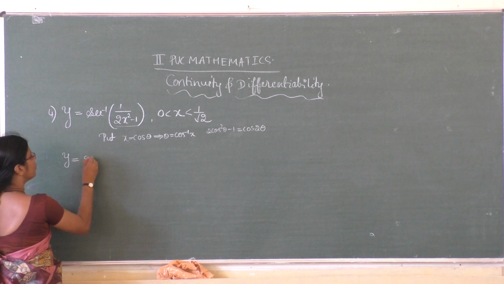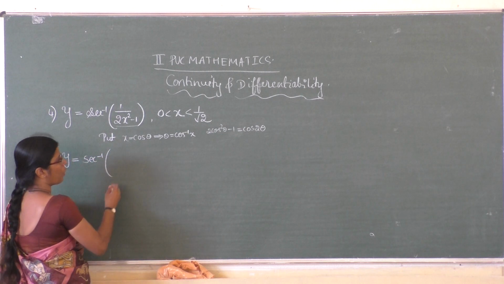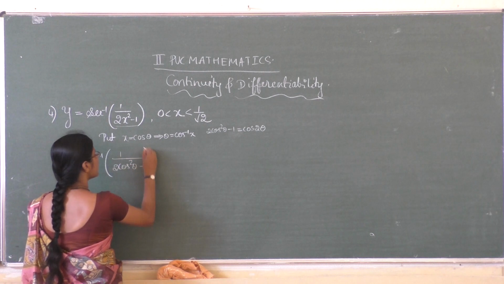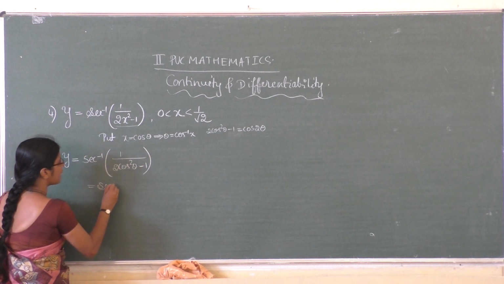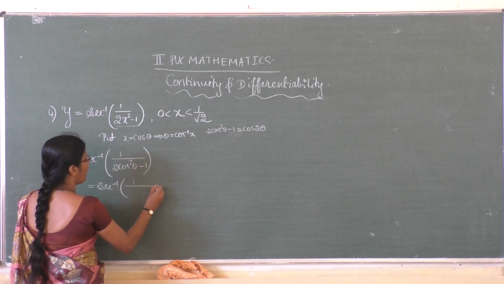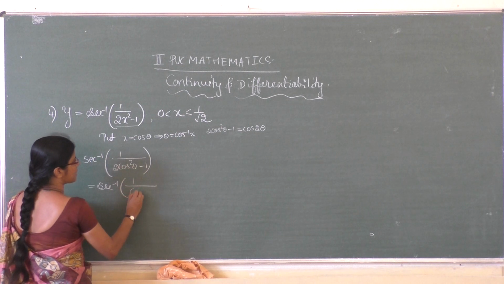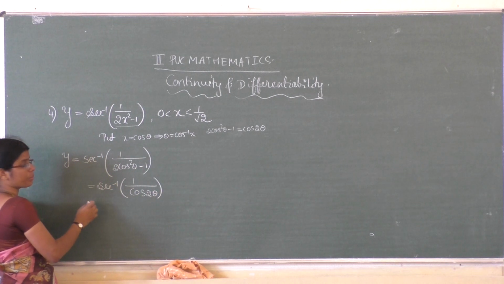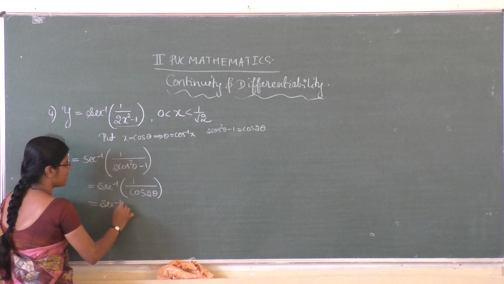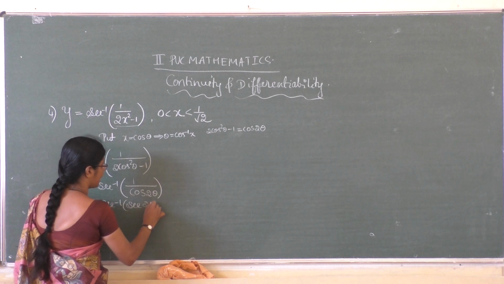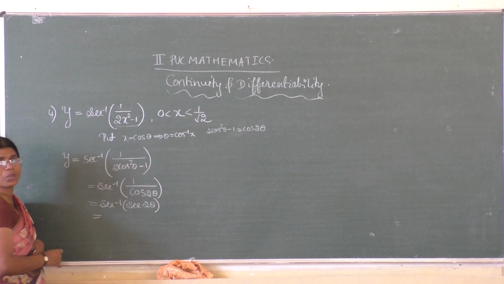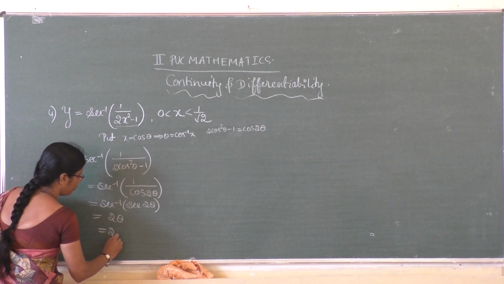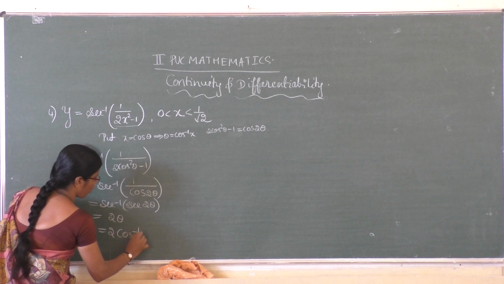So y equal to secant inverse of 1 by (2 cos square theta minus 1), and 2 cos square theta minus 1 is nothing but cos 2 theta. So 1 by cos 2 theta gives secant inverse of secant 2 theta, which becomes 2 theta, equal to 2 cos inverse of x.